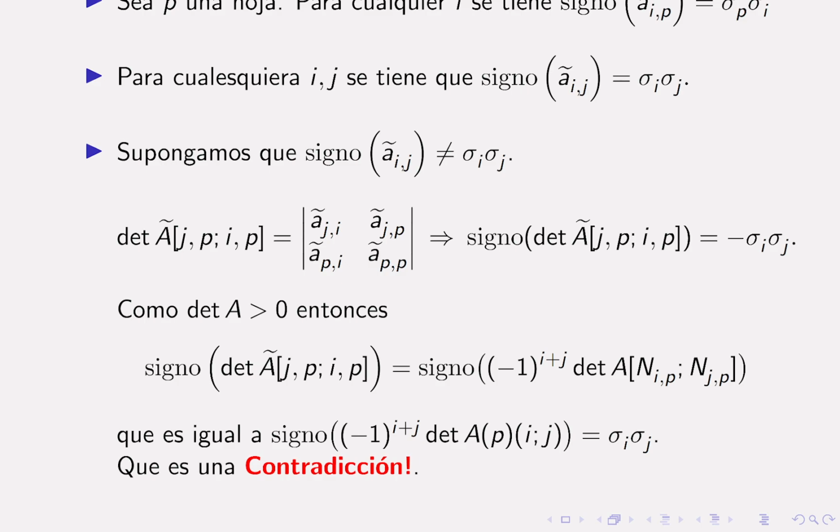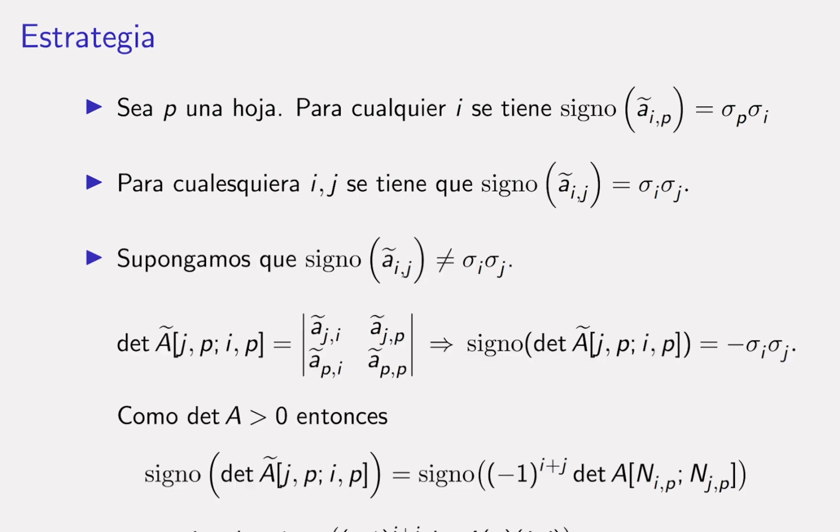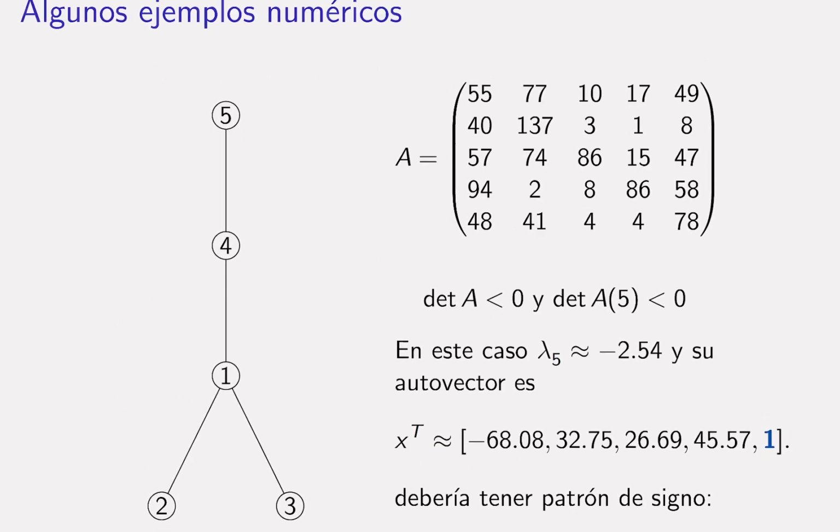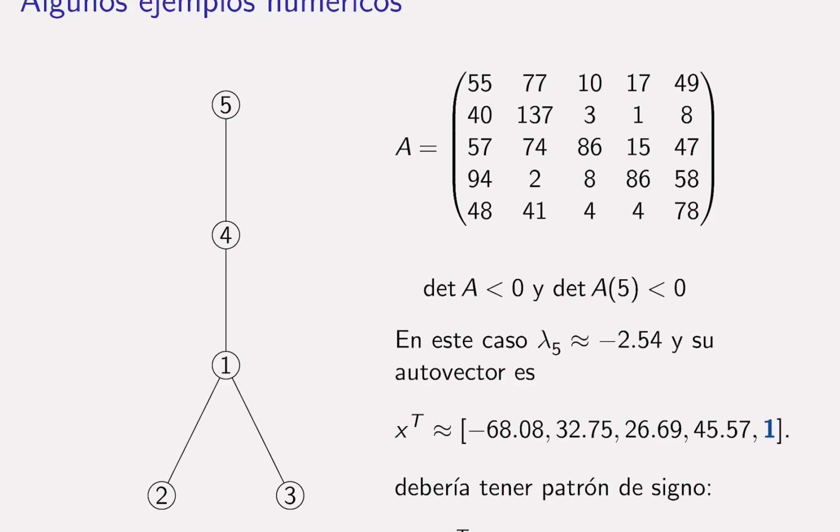So we know that our matrix has the right pattern for the eigenvector for the last eigenvalue, the smallest. The proof only works for the settings we consider. Let me show you some particular cases for which we have trouble getting the result. We have this matrix with respect to this graph, called a pitchfork.